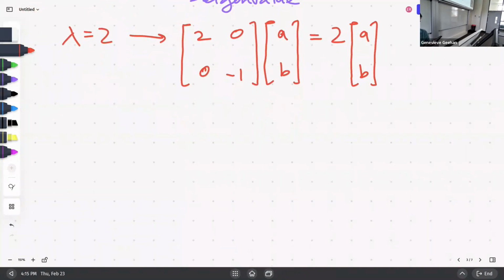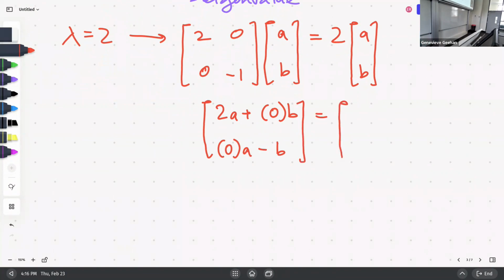Okay. And now we're just going to do some matrix multiplication here. So we'll have 2a plus 0 times b, and we'll have 0 times a minus b. And then we can put 2 into this vector as well. Oops, that should be a.